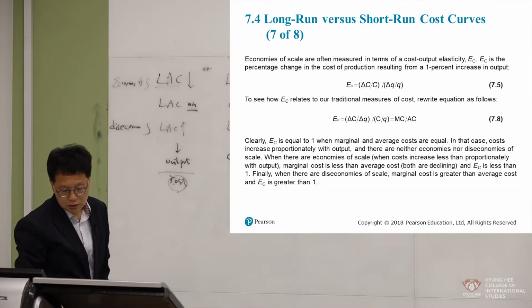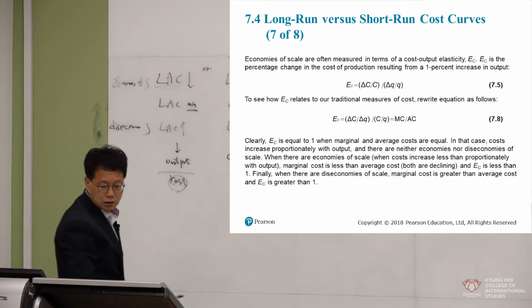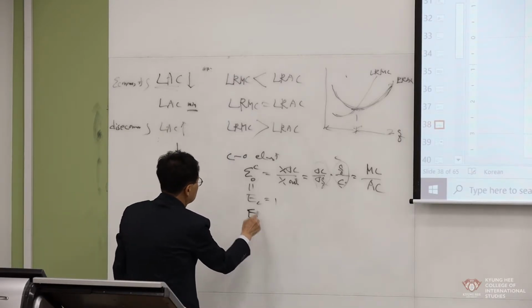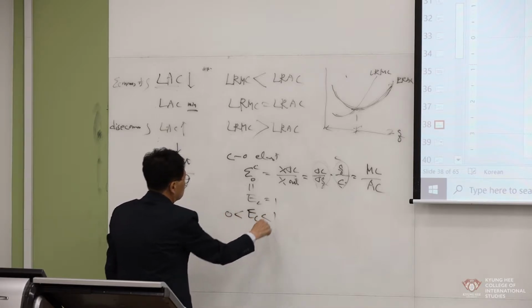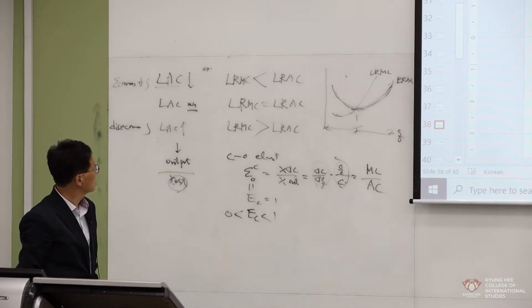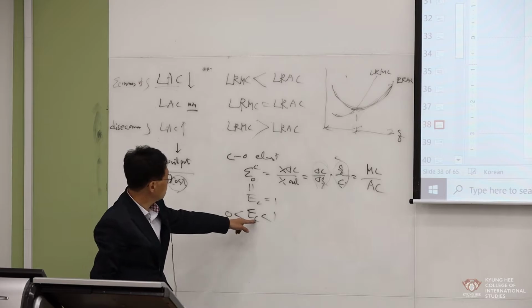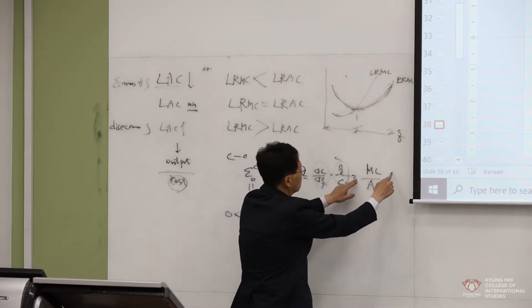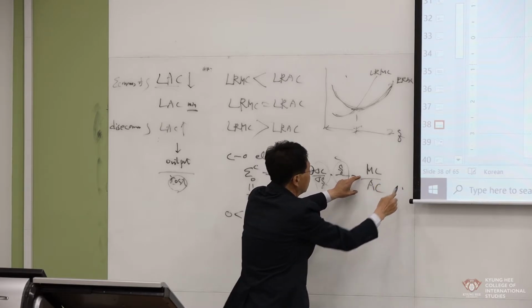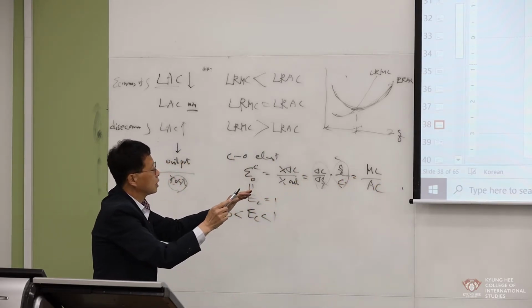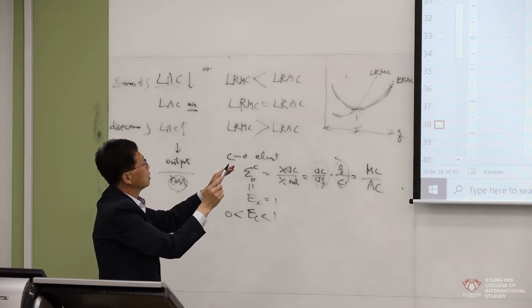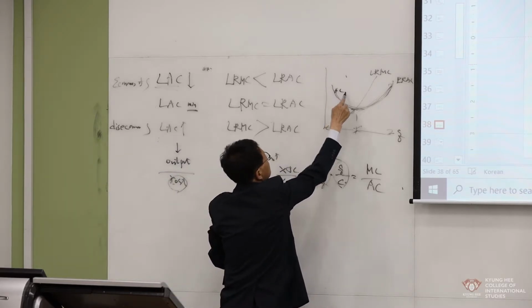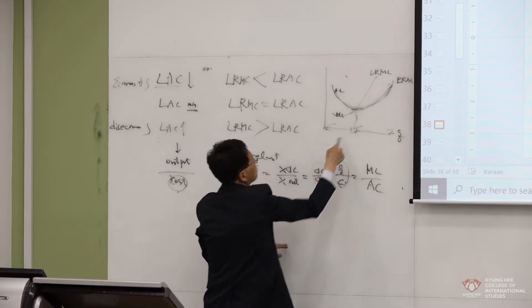Now, the second case is economies of scale. Then EC is less than 1. That is a positive number, less than 1. That means average cost is greater than marginal cost. Average cost is greater than marginal cost.